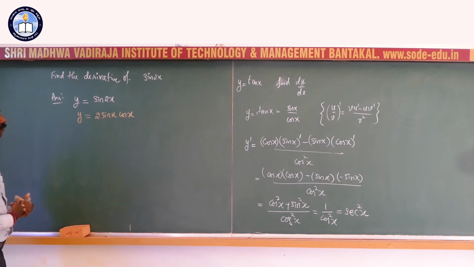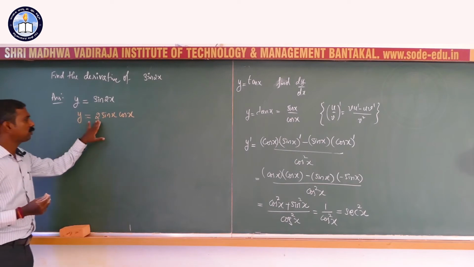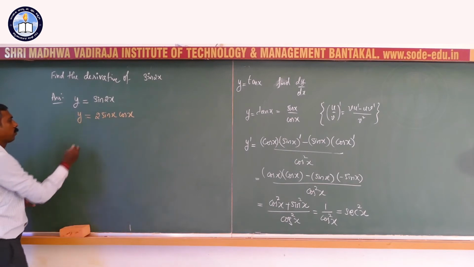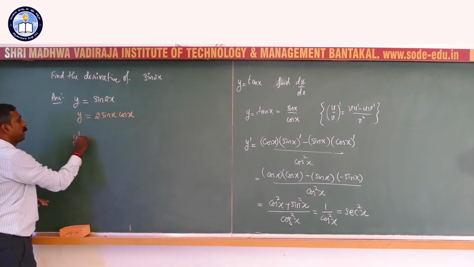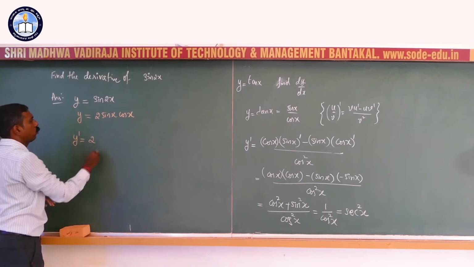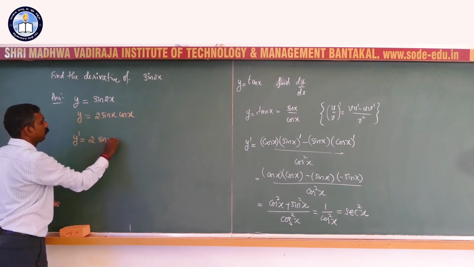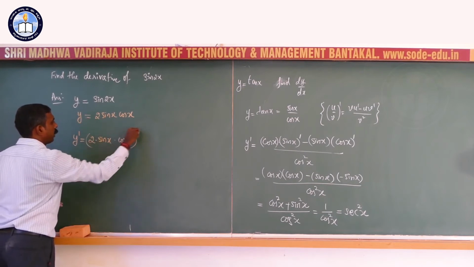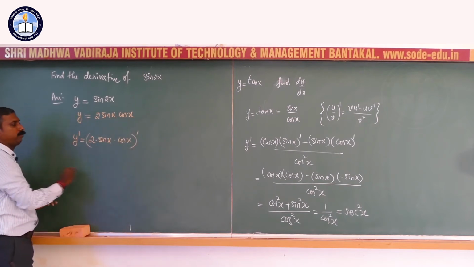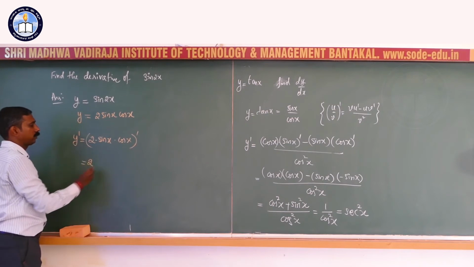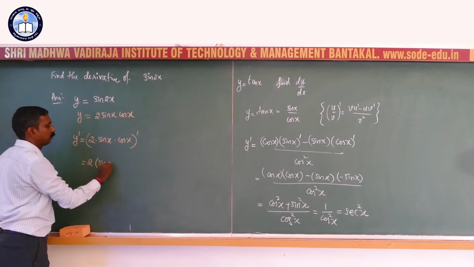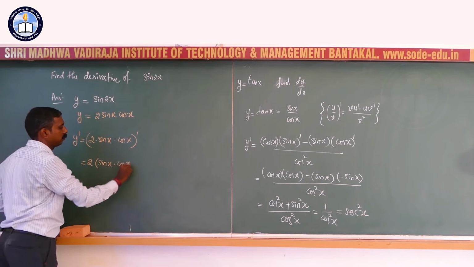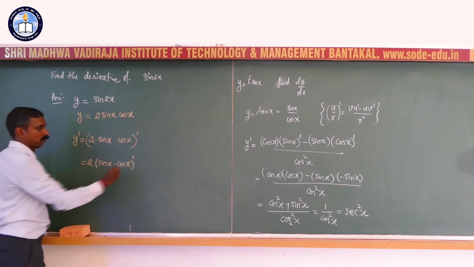Now, how to differentiate this? We see that 2 is a constant. So, when you consider y dash, it is (2 sin x cos x) whole dash, but 2 can be taken outside as it is a constant. This becomes (sin x into cos x) whole dash.